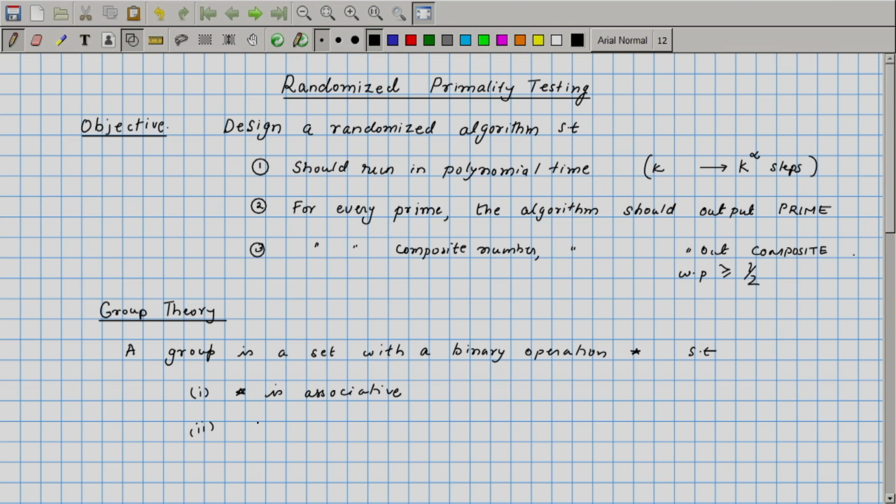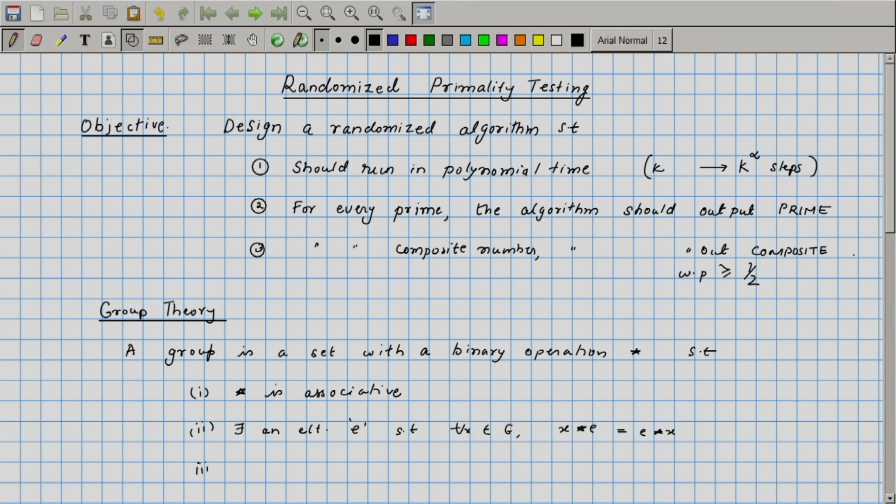Second, there exists an element E, the identity, such that for every x belonging to G, x star E is equal to E star x.